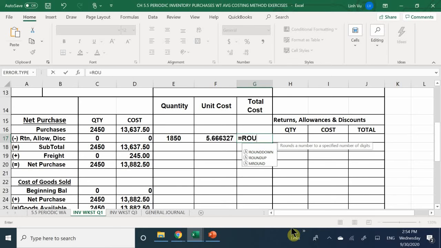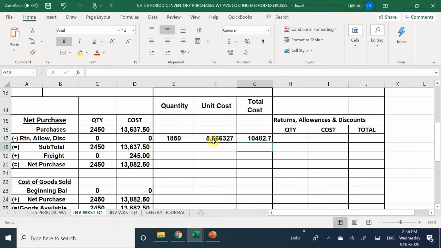My first argument is going to be my calculation, ended with a comma. The next argument asks how many decimal places I want. In this case, I want the nearest penny, so 2 decimal places. I end my parentheses and press enter. And now I get this number. Did you get this number too?